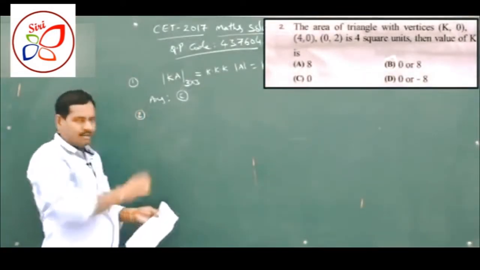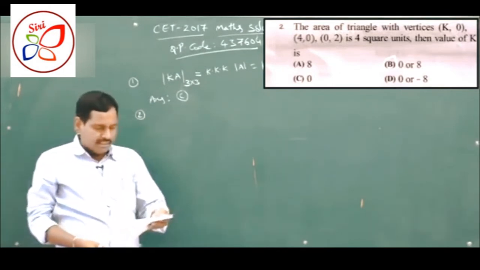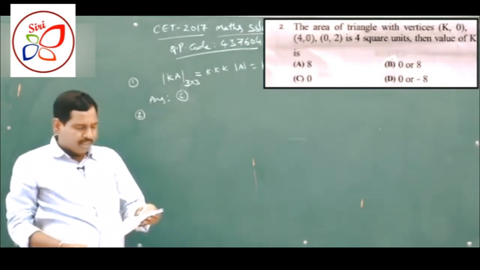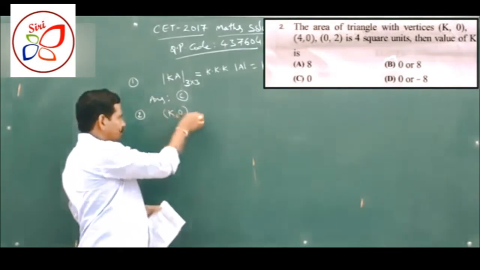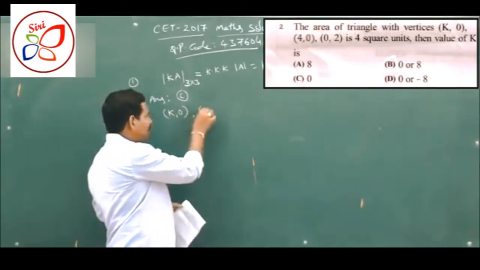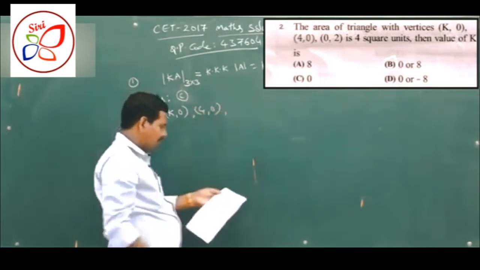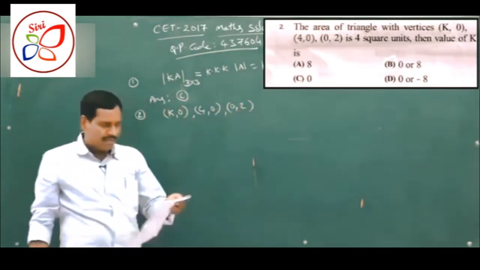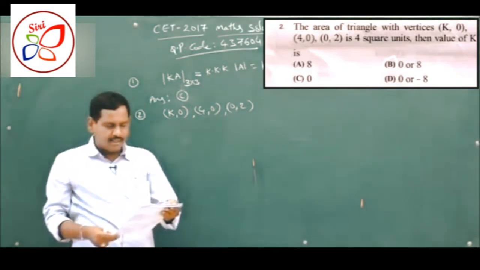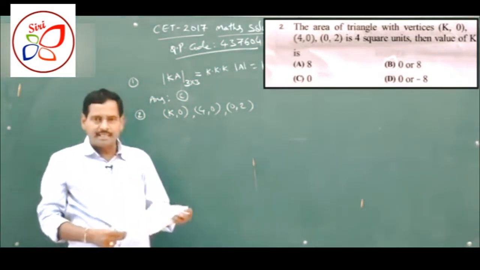Now second question. This is from coordinate geometry. Here three vertices are given. First one is k comma 0, second one 4 comma 0, and third one is 0 comma 2. Area of triangle is 4 square units, then the value of k is?